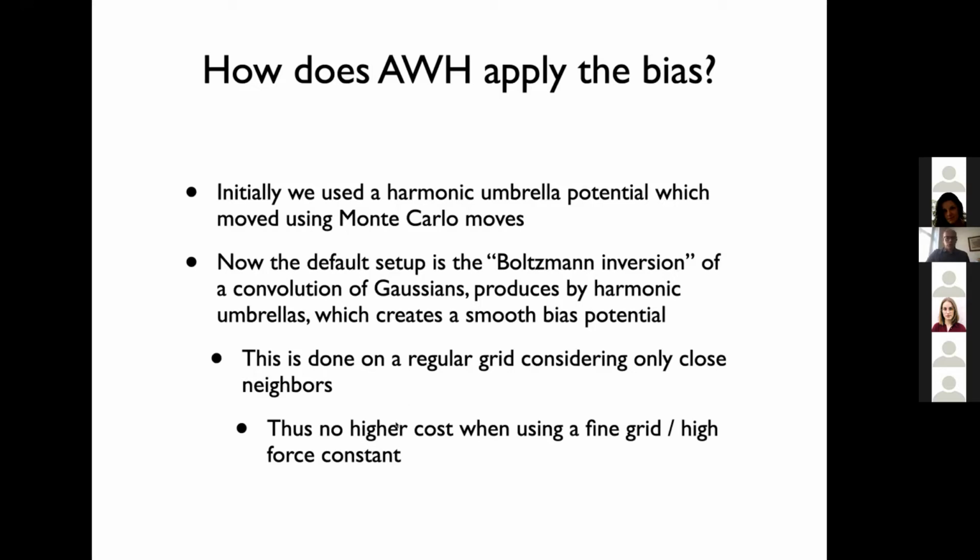So this also means that there's no higher cost when using a fine grid here, because there are many more points, but you always only need to consider a very small neighborhood. So you can take an extremely fine grid, or that's actually set automatically through the steepness of these umbrella potentials, which controls the width of the Gaussians. So this is nice. You don't need to worry about efficiency or cost when choosing your force constant in this method. You can have a detailed landscape anyhow.